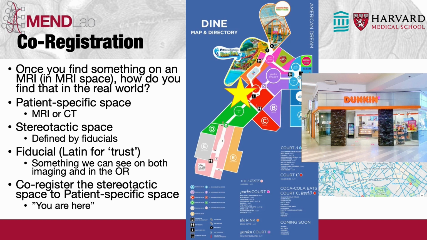So you have your preoperative MRI, for instance, and then you have a CT scan with a frame in place, and you need to register those because the CT shows you something that you don't see on the MRI, which is the stereotactic frame, or the CT might show you the bone fiducials you put in. So you need to get these into the same space so you can do all your referencing based upon those fiducials in the real world. You essentially need that "you are here" sign on your images.